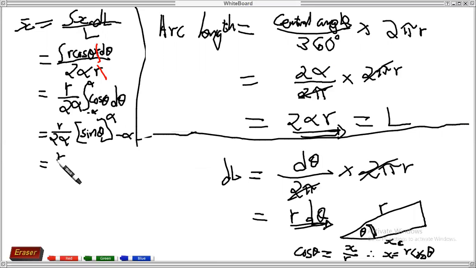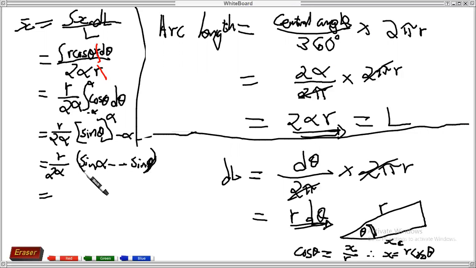Then you do your integration to alpha. This will become your sin alpha minus, because this one also has a minus, it becomes minus sin of minus alpha. Now you can add them up. This becomes positive, so it becomes a plus.